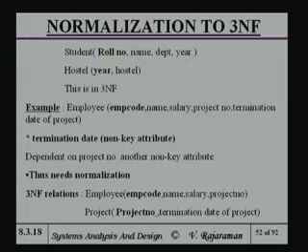If it is not normalized, then you have to go through the entire database, and every place that project number appears you have to change the termination date. Whereas in this case you search through only one relation, you don't touch the other relation.